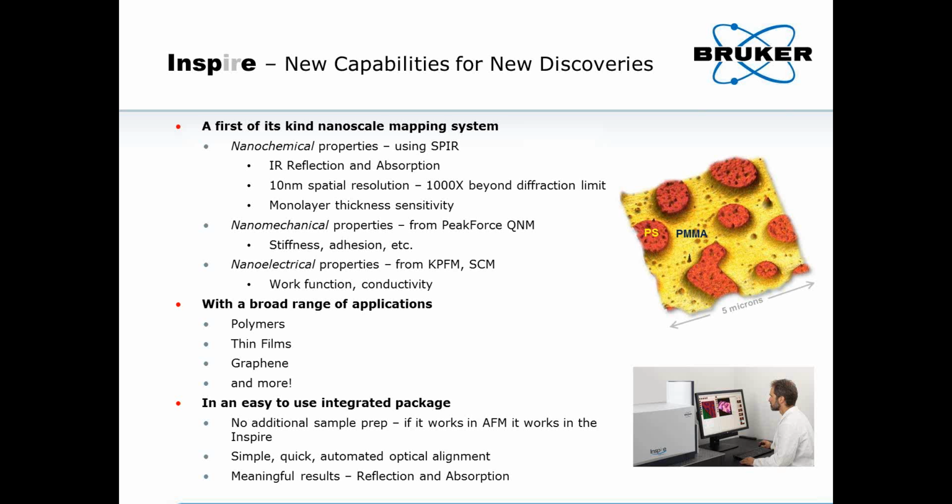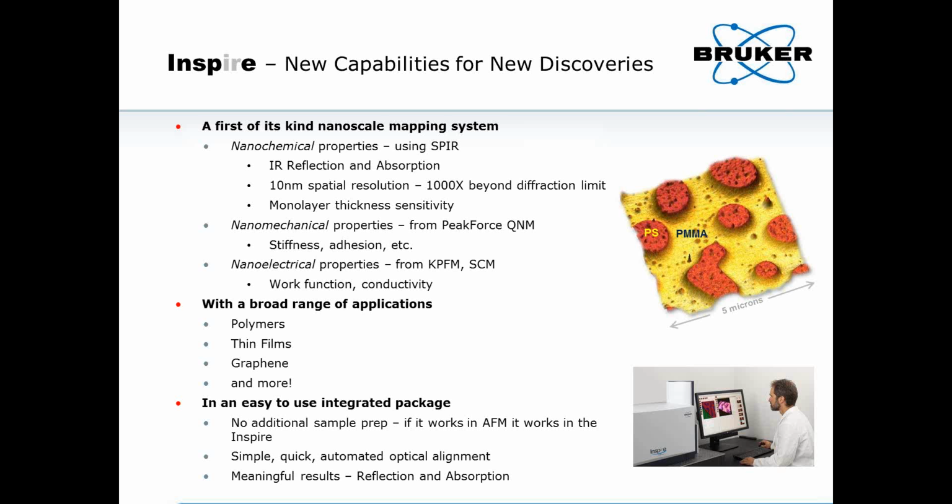The Inspire allows access to a broad range of applications which can be characterized using a combination of these methods. For instance, we will show data from polymer samples, thin film materials, and the ultimate thin film, graphene, and several other examples. The Inspire comes in a very easy-to-use integrated package.